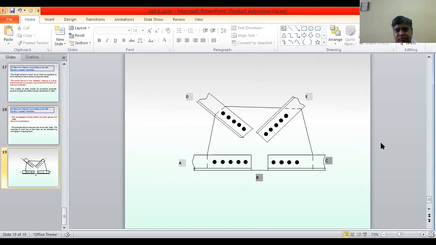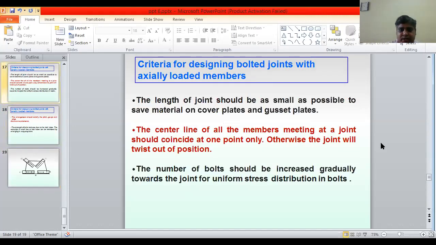This is the diagram of a bolt connection. How can you create the bolt section? That means you have studied in this class how to provide the bolt, the connection of bolting, and failure of bolting.